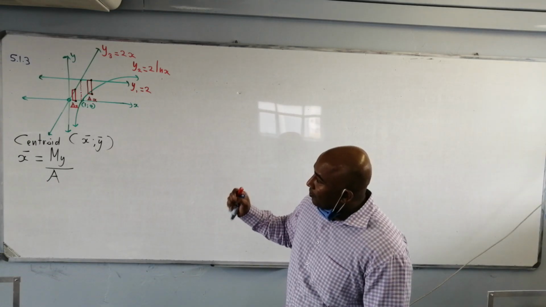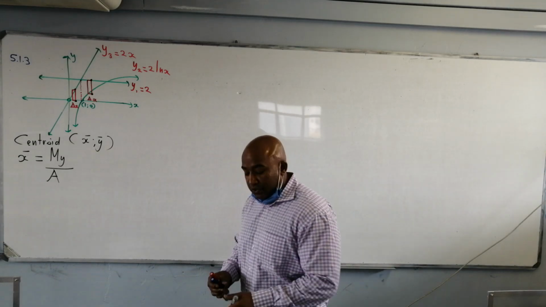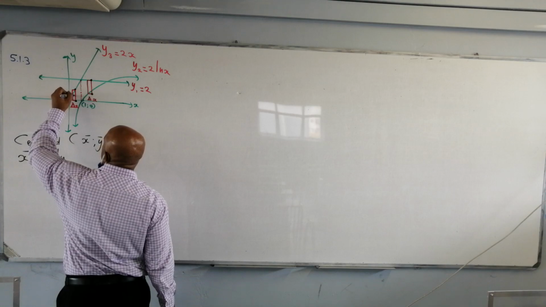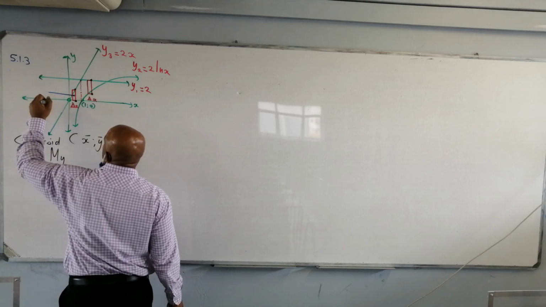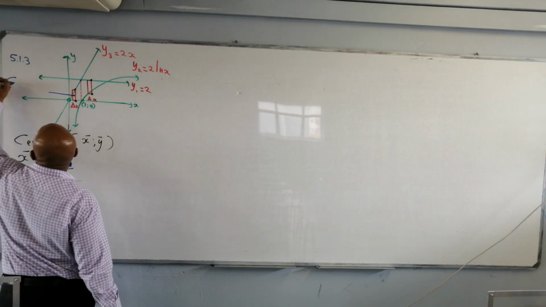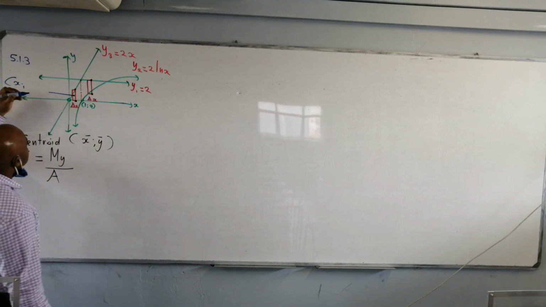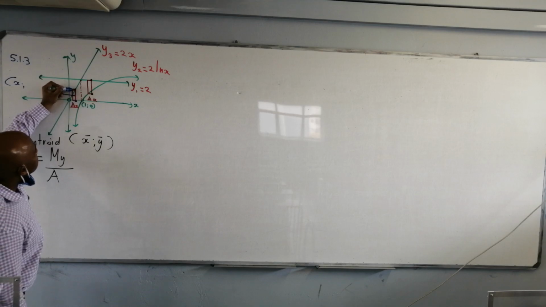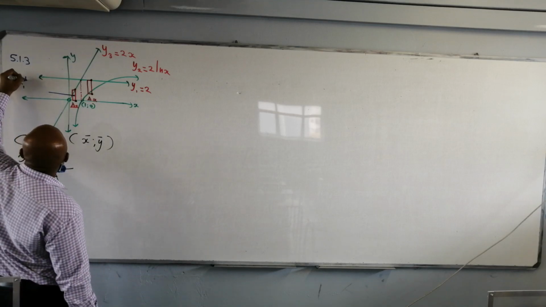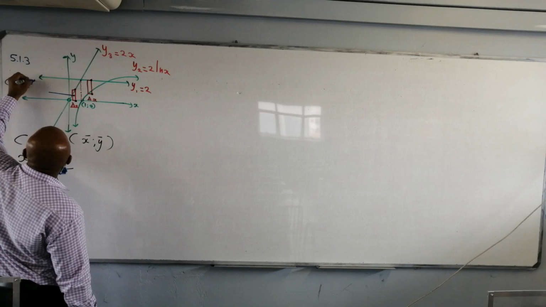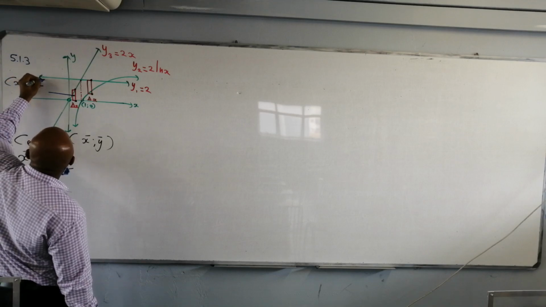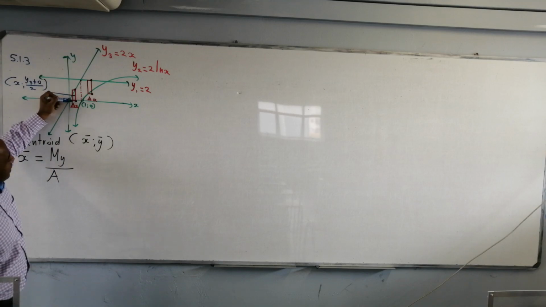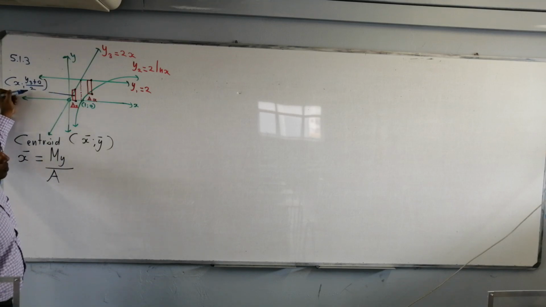So therefore, our centroid will be labeled in this way. So the coordinates here will be x, and then to get the midpoint here, this is y3 plus 0 divided by 2.